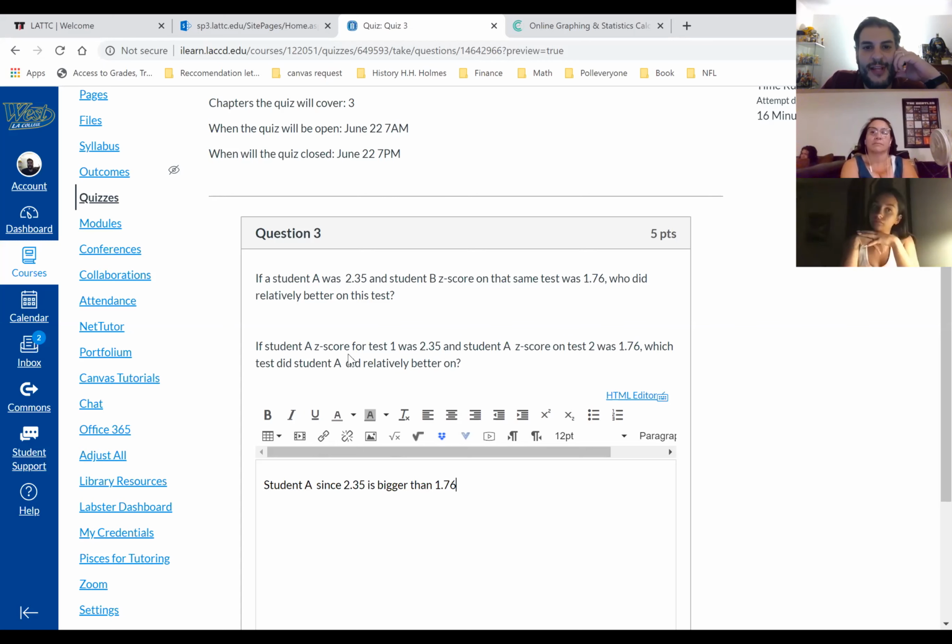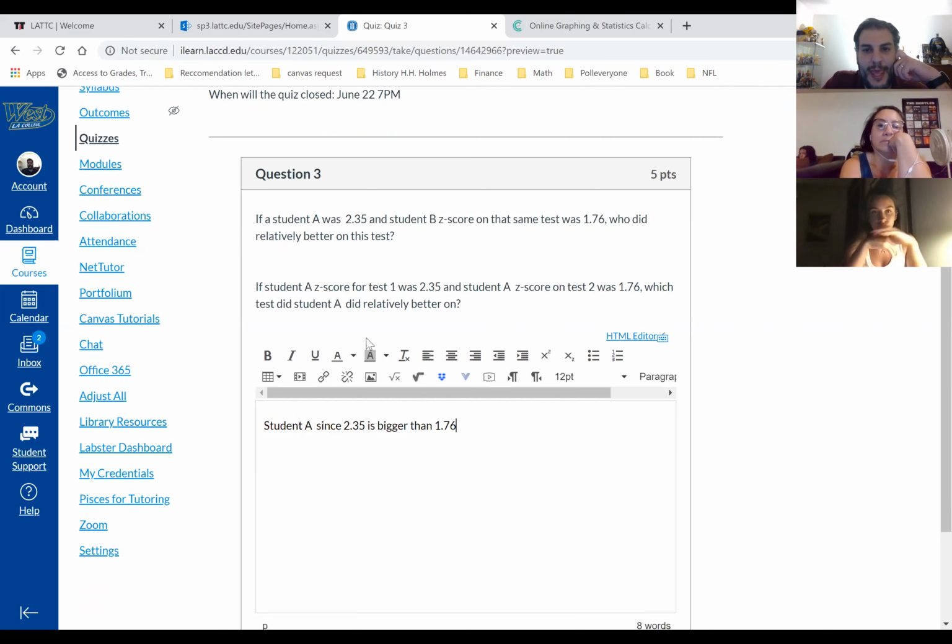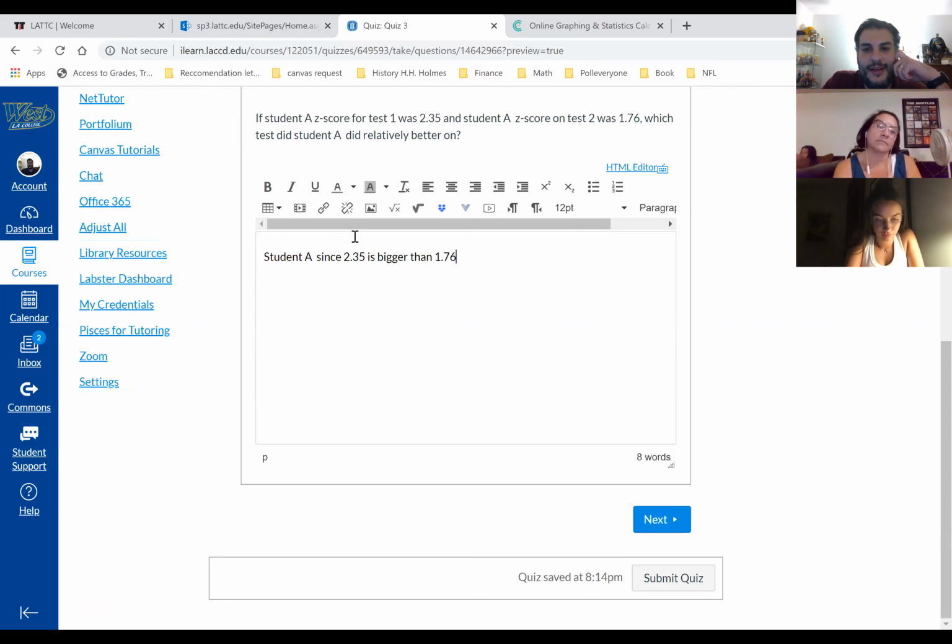You just have to know the higher your z-score is, the better relative standing that person has. The smaller the z-score is, the lower the relative standing. That's it for 3. Any question in regard to 3? All right, on to 4.